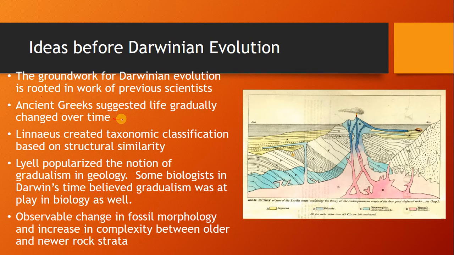But the scientific community at the time of Darwin, when he was born, was split. There were many who felt like organisms don't change over time, that the different fossils found in the ground represented mass extinctions. Why are there different fossils in the layer above?